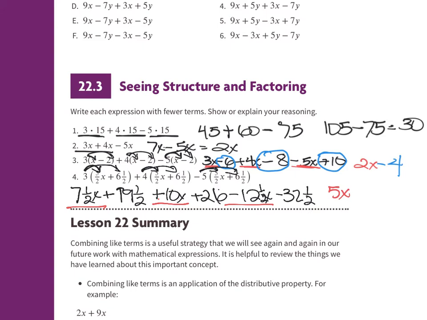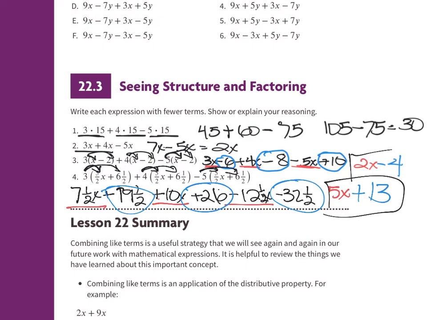All right, now let's combine the numbers. 19.5 plus 26 minus 32.5 is 13. Okay? Now, when we get down to here, like 2x minus 4 and 5x plus 13, we can't go any further because the 4 and the 13 don't have x's. So that's as far as we can go. So these are my answers.